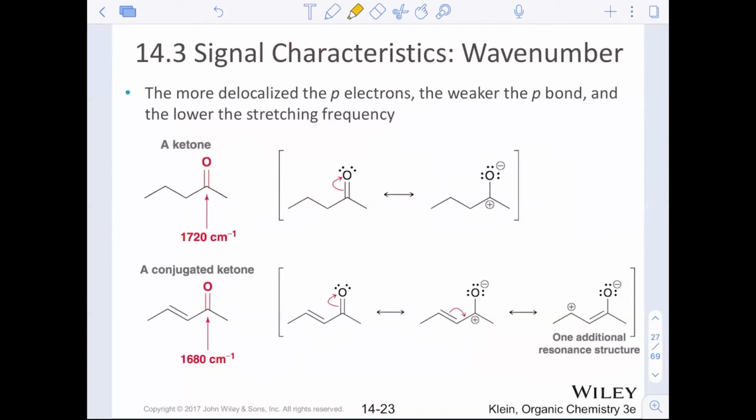When we're looking at that stretching frequency, we're looking at the characteristic of the carbon-carbon double bond. In a conjugated system, when we have resonance, there are more resonance structures without that carbon-carbon or carbon-oxygen double bond. So what happens to the actual wave number is it gets lower. So anything with resonance technically will have a lower wave number.